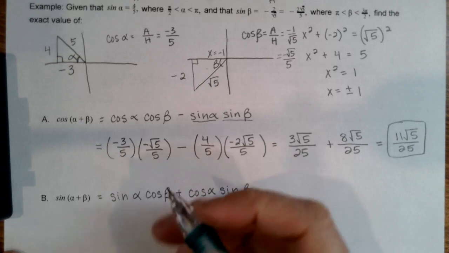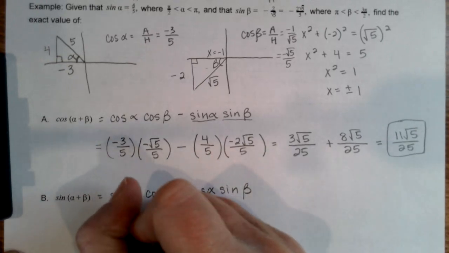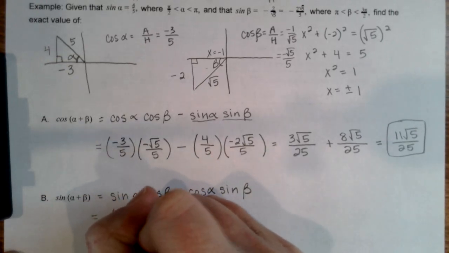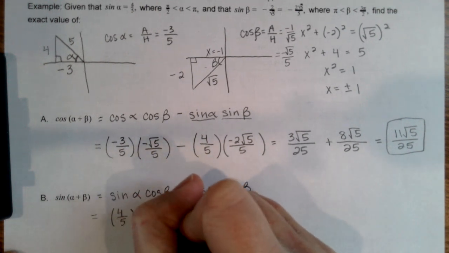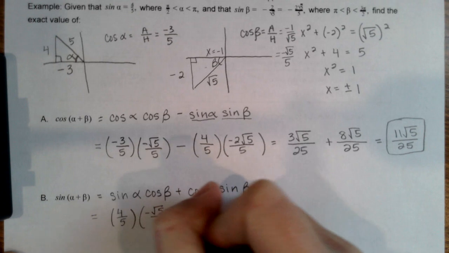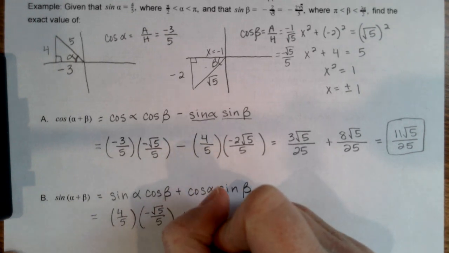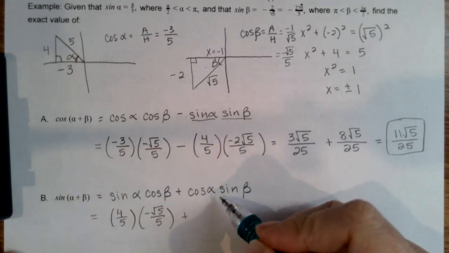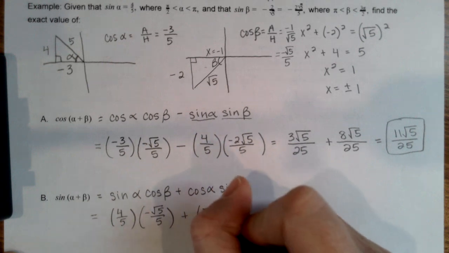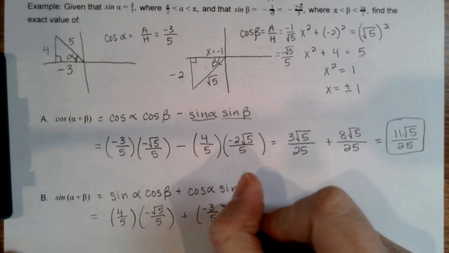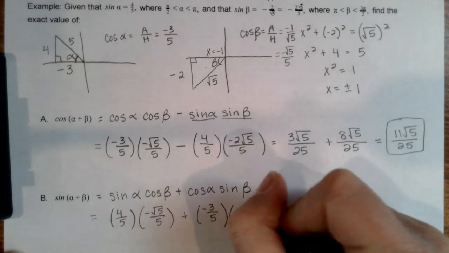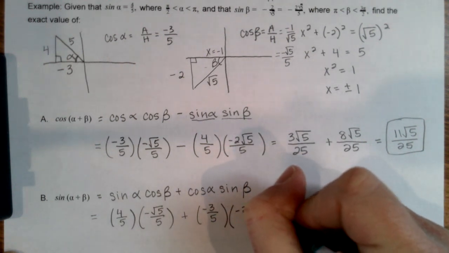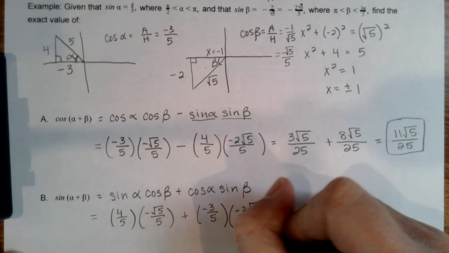Sine of alpha is 4/5. Cosine of beta is negative square root of 5 over 5. Cosine of alpha is negative 3/5. And sine of beta is negative 2 square roots of 5 over 5.